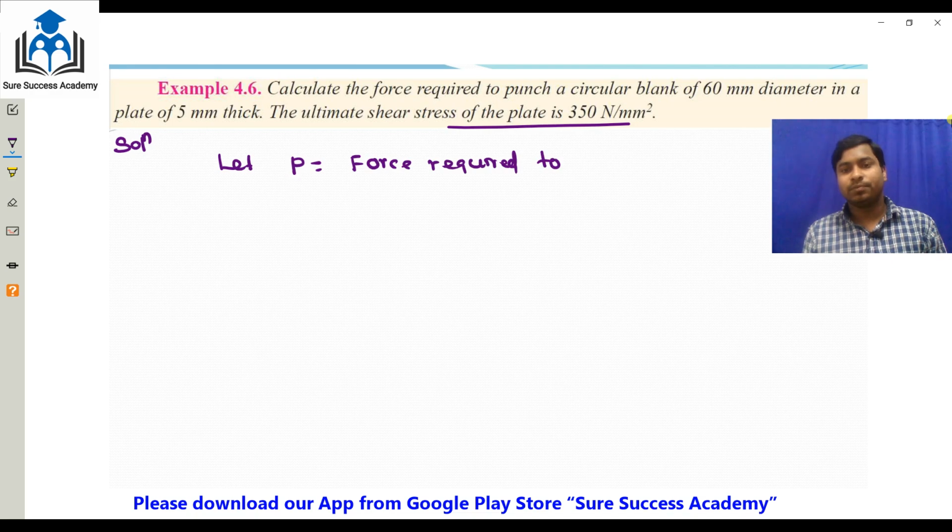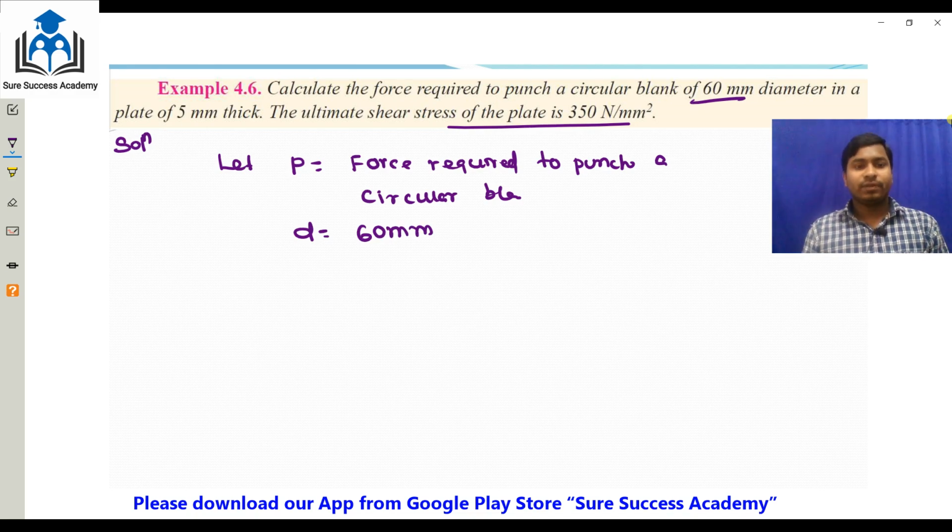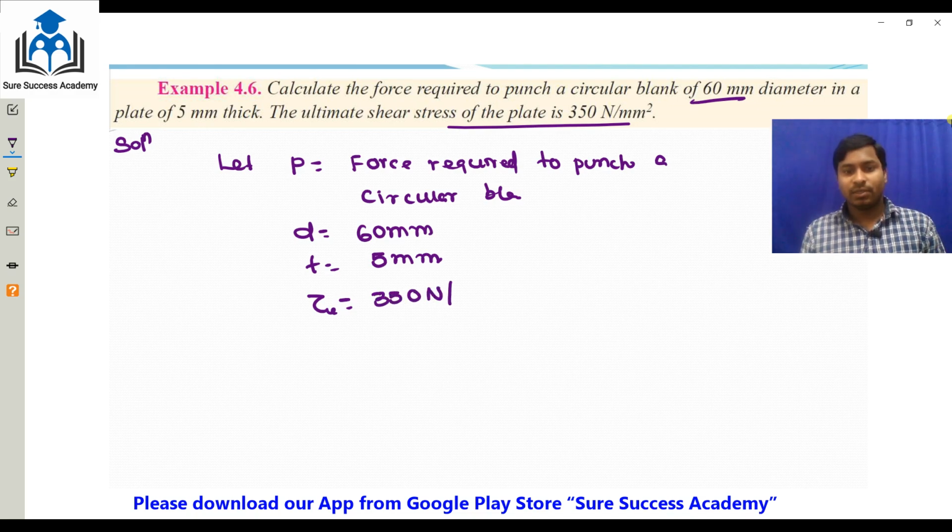Let P be the force required to punch a circular blank. The diameter D is given as 60 mm, in a plate of thickness 5 mm. The ultimate shear stress, the maximum shear stress, is given as 350 Newton per mm square.